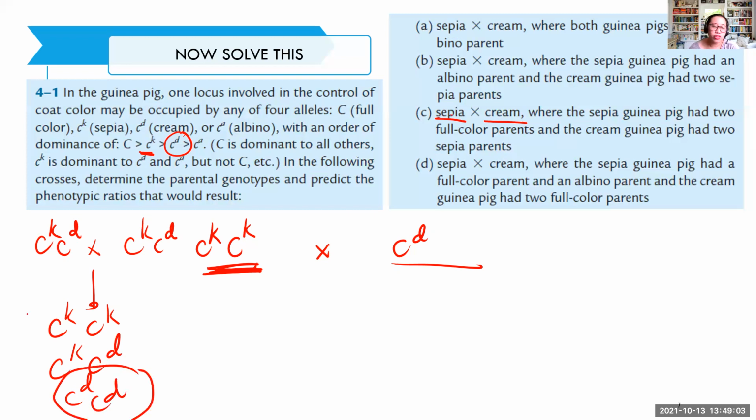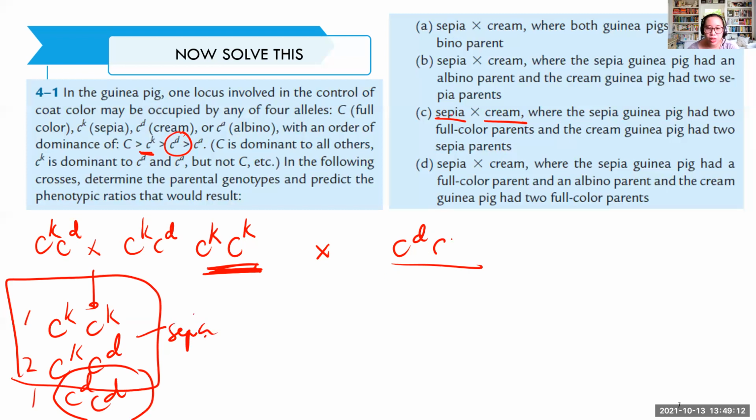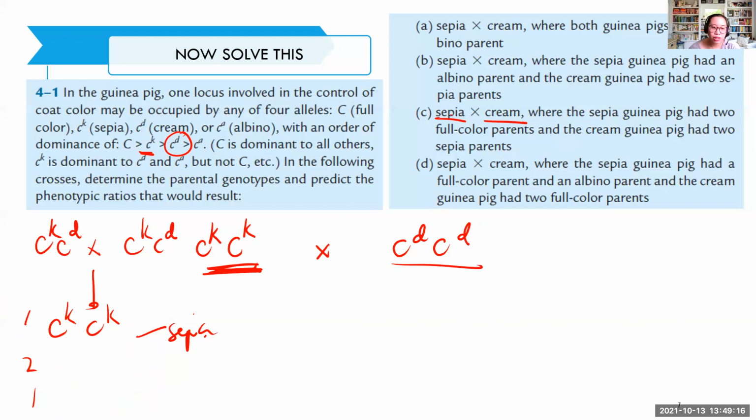Alright? So, this is genotypically 1:2:1, but this will be all sepia. So, where is the cream here? So, here is the cream. So, it is 25% probability.